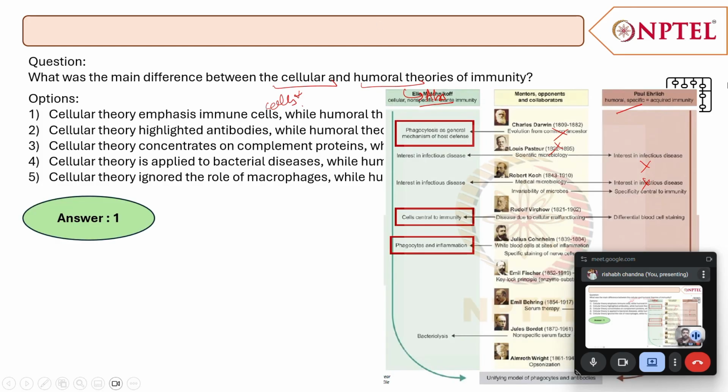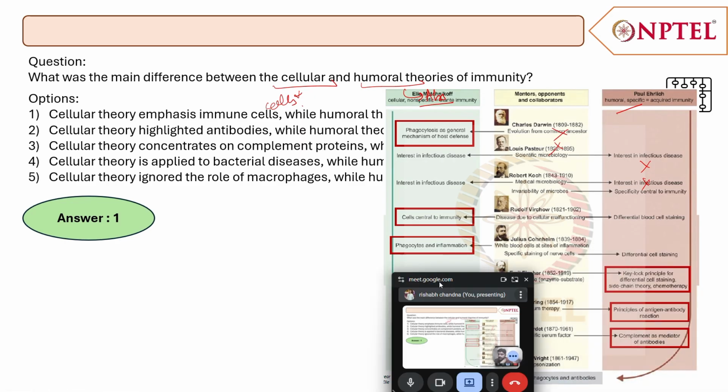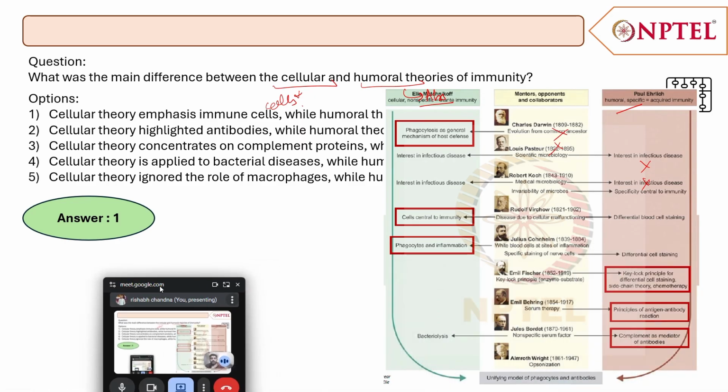Okay, so these were the major scientists that believed in both cases, starting with Metchnikoff. So these were the cellularists, and Ehrlich, that was humoral. Okay, so humoral immunity. Starting with Charles Darwin, they focused on phagocytosis as a general mechanism for host defense.